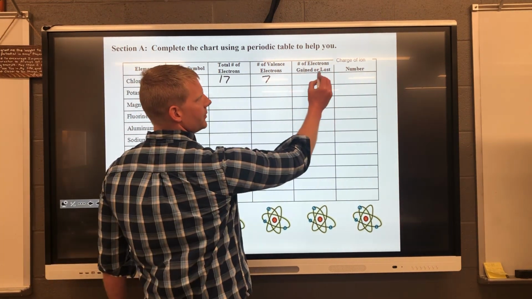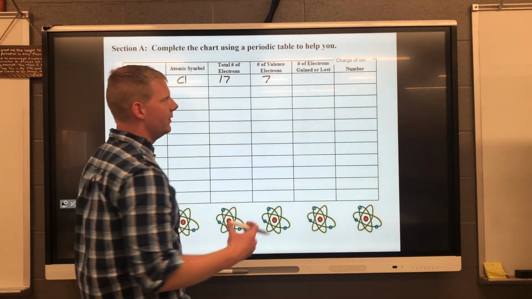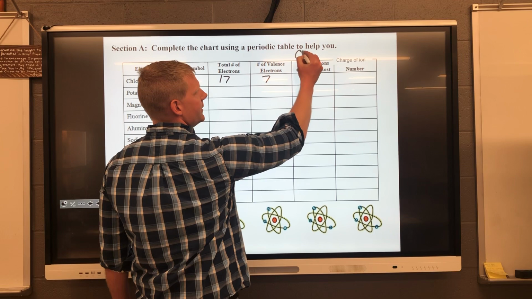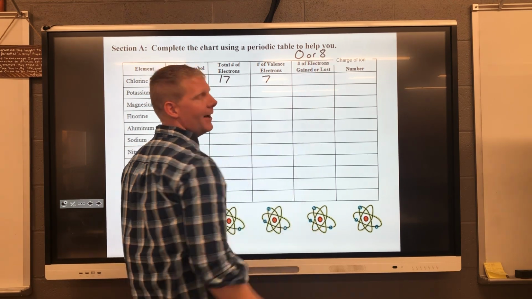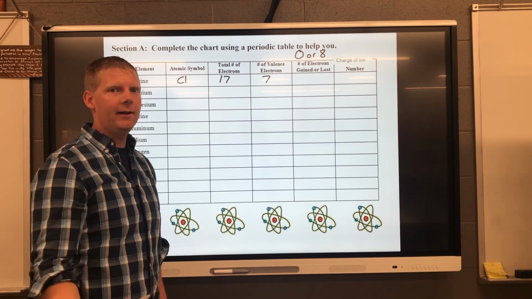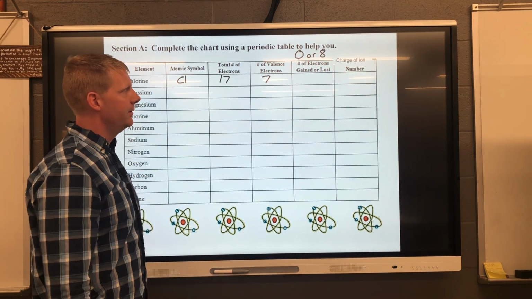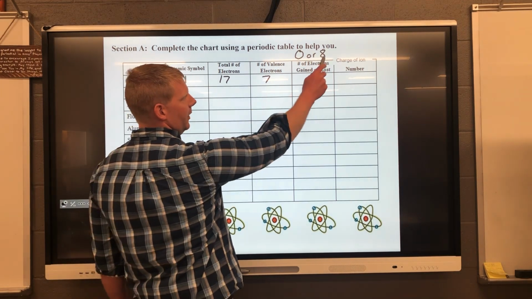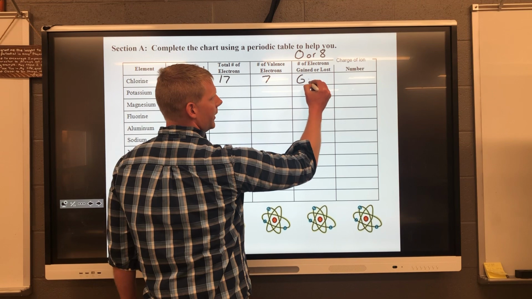Now, for the number of electrons gained or lost, they want to get to a full outer energy level. So they always want to get to either 0 or 8. This is called the octet rule. 0 or 8 electrons, that's what it wants to get to, valence electrons. So in this case, 7, it's closer to 8, so it's going to gain 1 more electron.